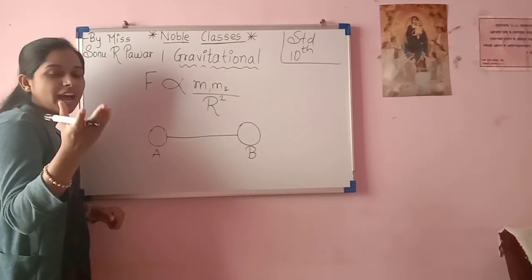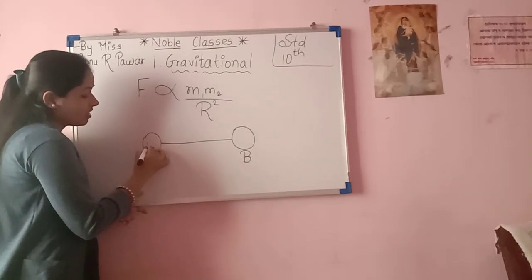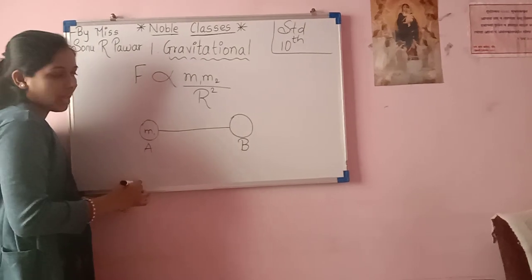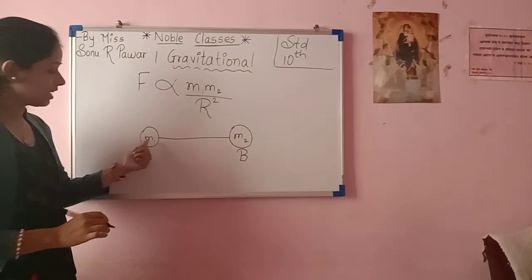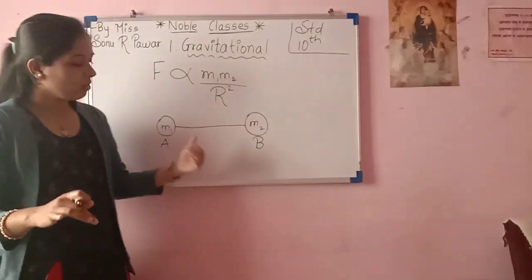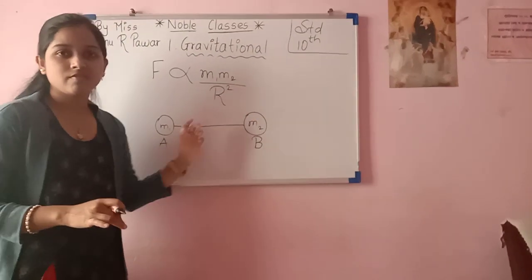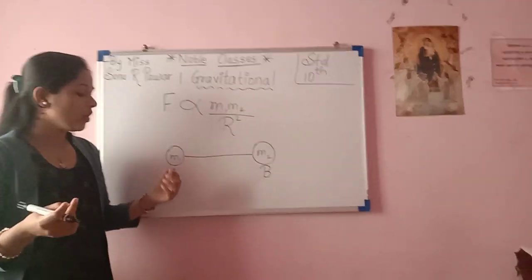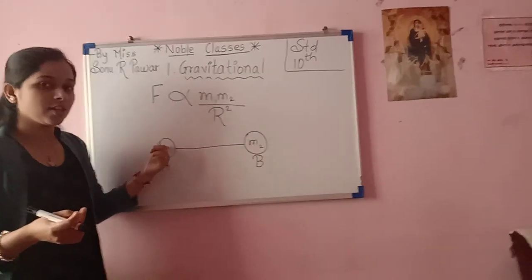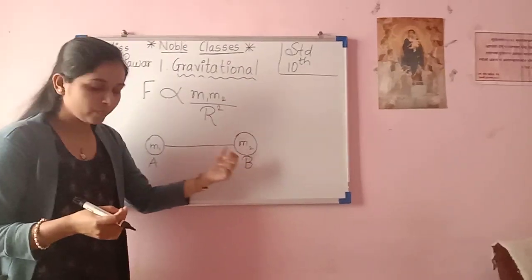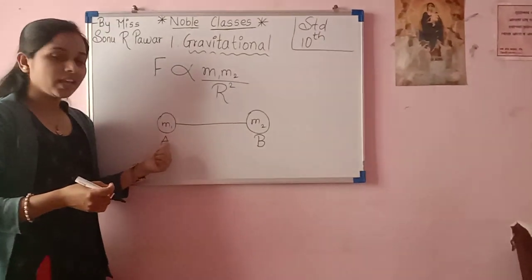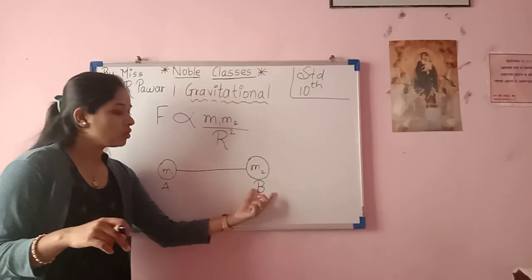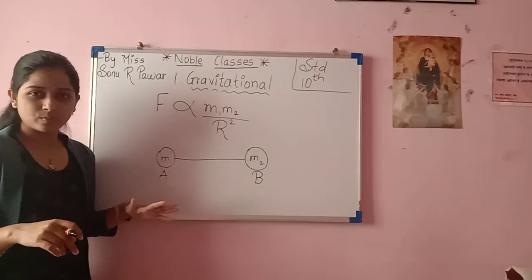So I will call this mass M1 and this mass M2. Why M1 and M2? I am just naming it. You can give anything, C, D, E, F, G, anything. But since we are talking about mass, I will say mass 1 and mass 2. Now this is object A, this is object B. Object A has mass M1, object B has mass M2.